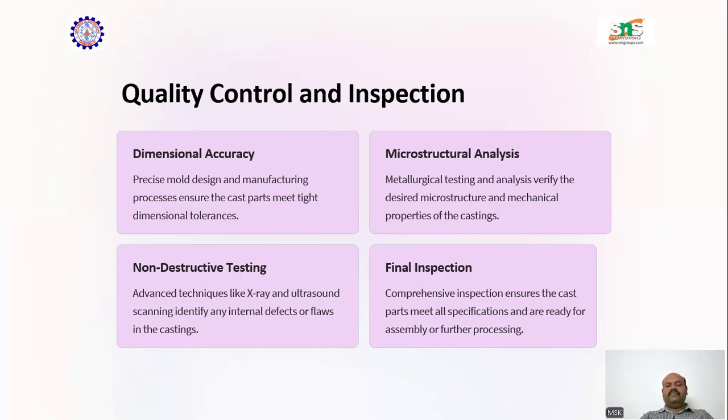The next part is non-destructive testing. We have two types, destructive and non-destructive testing. Like X-ray and ultrasound, we have to investigate all the subsurface defects as well as surface defects. Final inspection is carried out to see whether there is any mold inclusion and whether the part is ready for assembly.